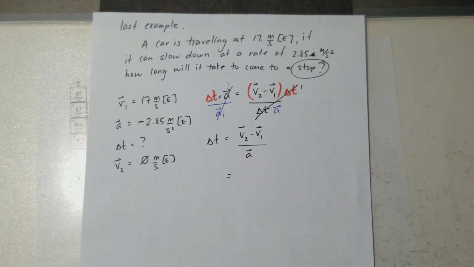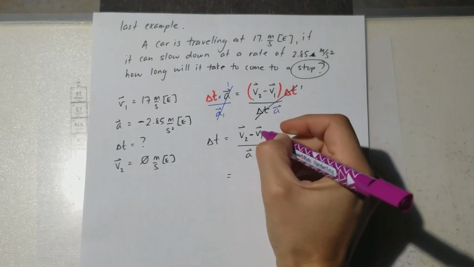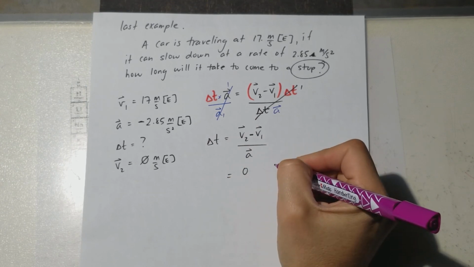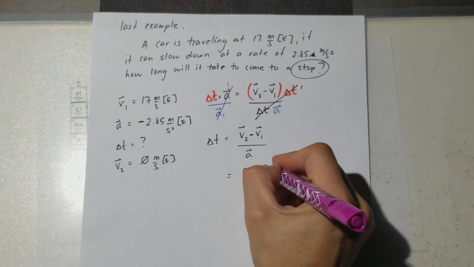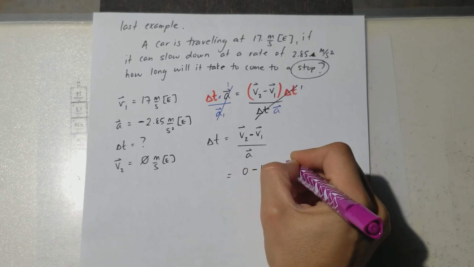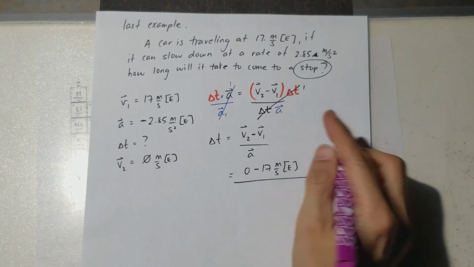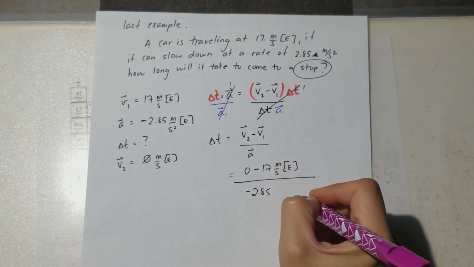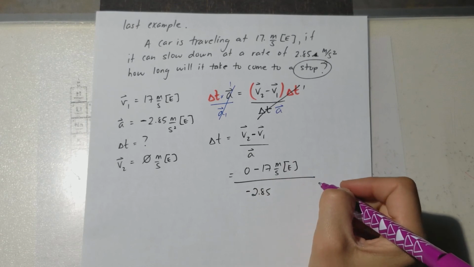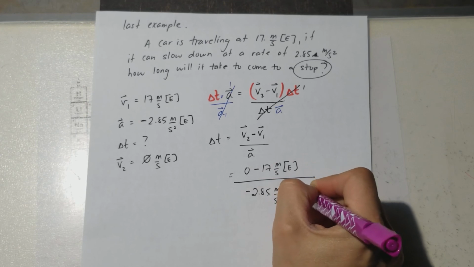And now it's nice, I can put in my variables. Now V2 happens to be 0, okay? So it's going to be 0 minus V1, which is 17 meters per second east, all over the acceleration, which is negative 2.85 meters per second squared east.